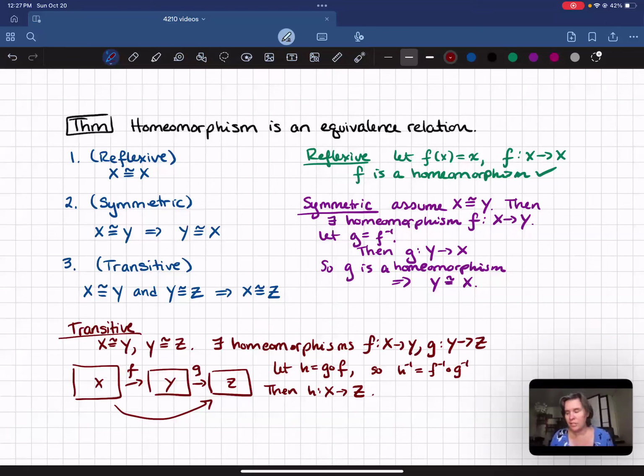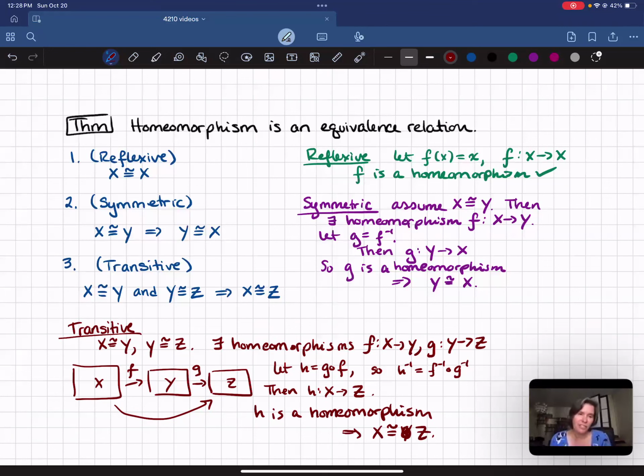So h is continuous. h inverse exists and is continuous. That means that h has to be a bijection. And so h is a homeomorphism, which implies that X is homeomorphic to Z.